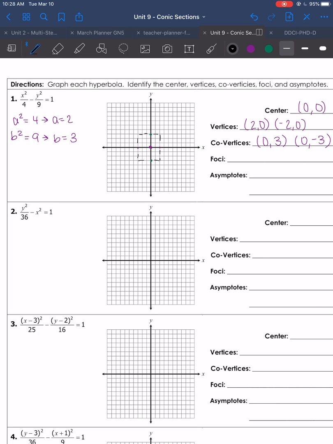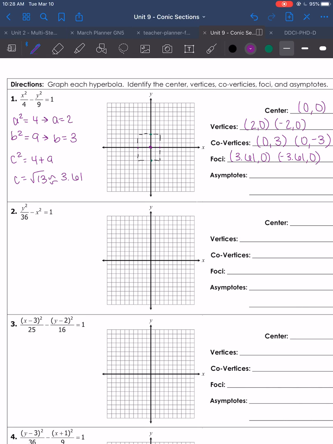So since x comes first, it's going to be a horizontal one. And then I'm going to find c squared, or c, so c squared equals 4 plus 9, so that's 13. So c is the square root of 13, which is approximately 3.61. So my foci are (3.61, 0) and (negative 3.61, 0).